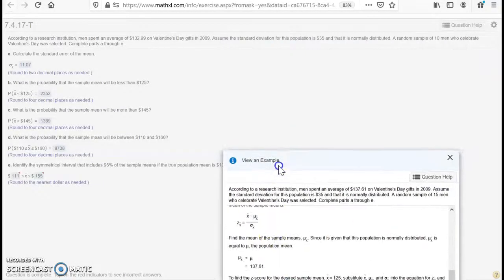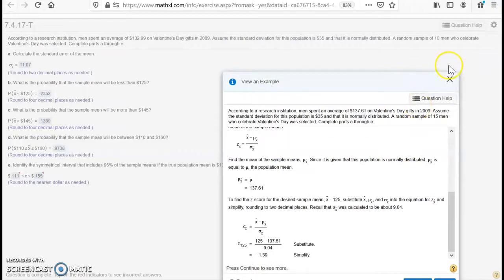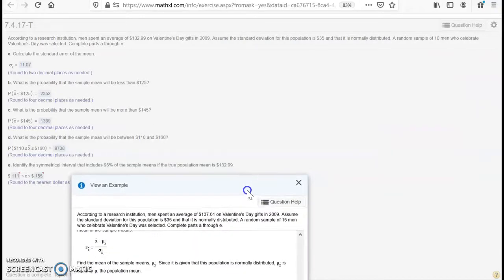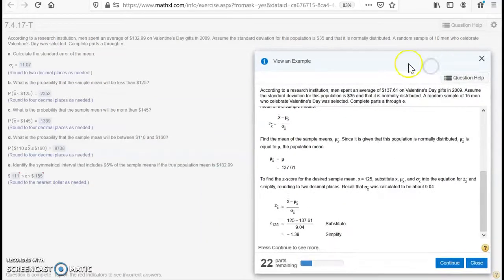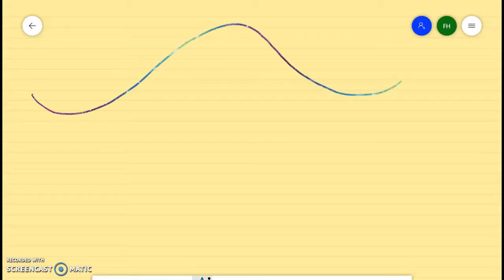We want to identify the symmetrical interval that includes 95% of the sample means if the true population mean is $132.99. So it's a symmetrical interval. Symmetrical means it's even on both sides.